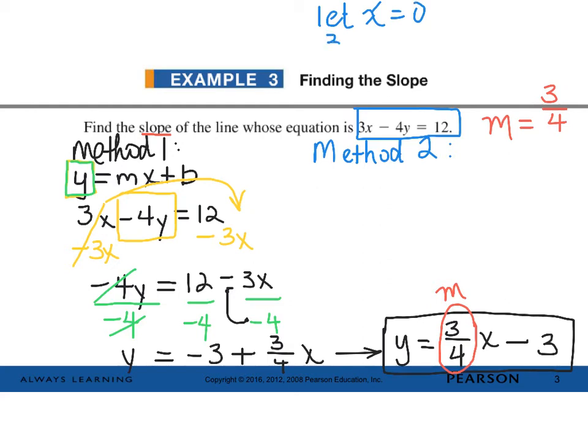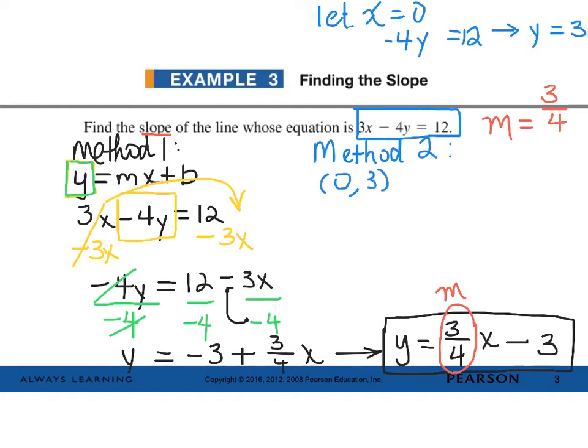So if you have 3 times 0 minus 4y equals 12, and x is equal to 0, then 3 times 0 is 0. And what we have left remaining then is negative 4y equals 12, which tells us that y is equal to 12 divided by negative 4, and y is equal to 3. So that gives us the point 0, 3.